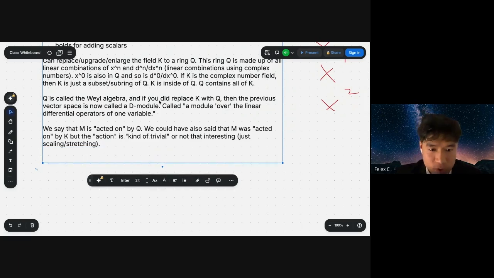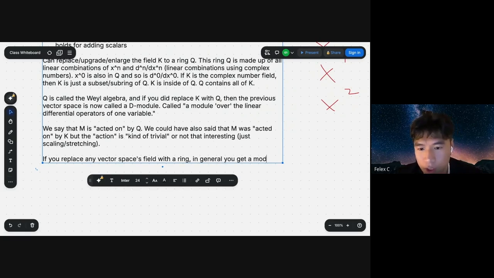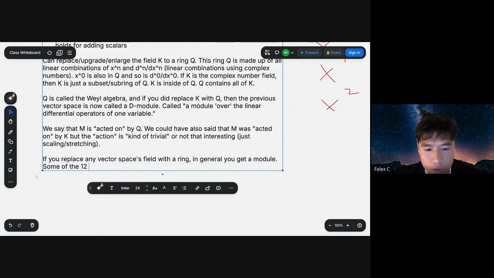So I'll just leave you with this, which is that if you replace a vector space's field with a ring, then in general you get a module. If you replace it with Q, the Weil algebra, then you get a D module. Now just know that some of the 12 rules will be broken.